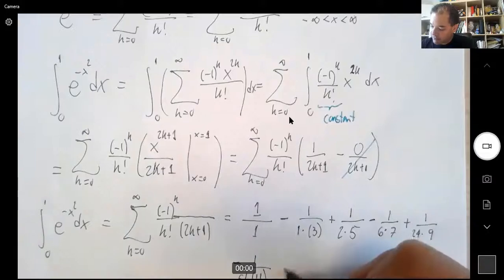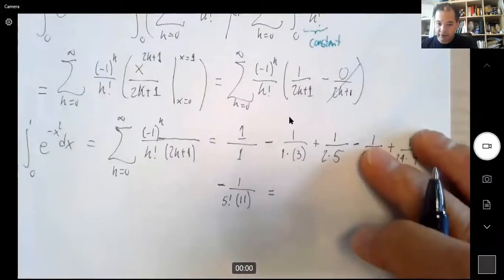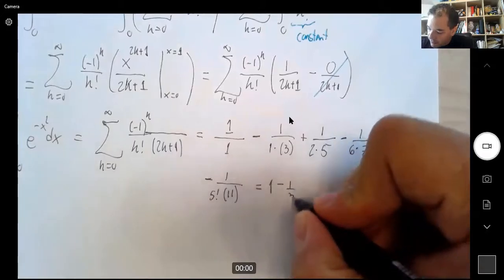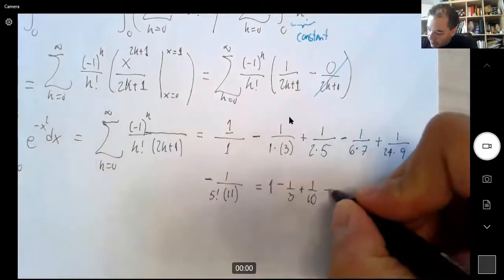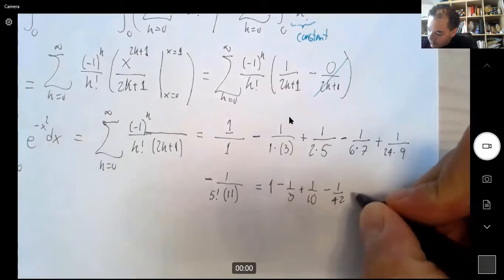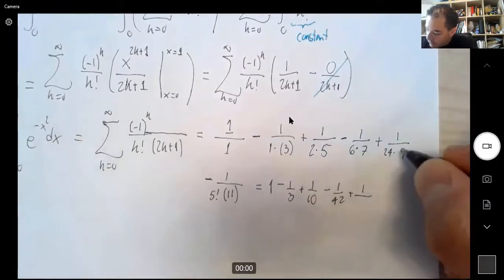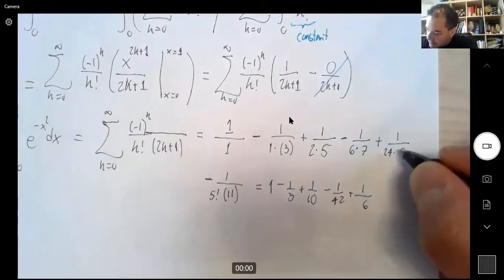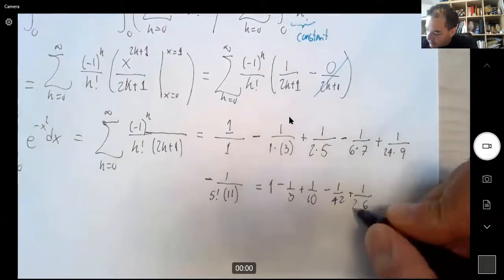Right? So let me rewrite it here. So it's 1 minus 1/3 plus 1/10 minus 1 over 42 plus 1 over 24 times 9, which is 216.